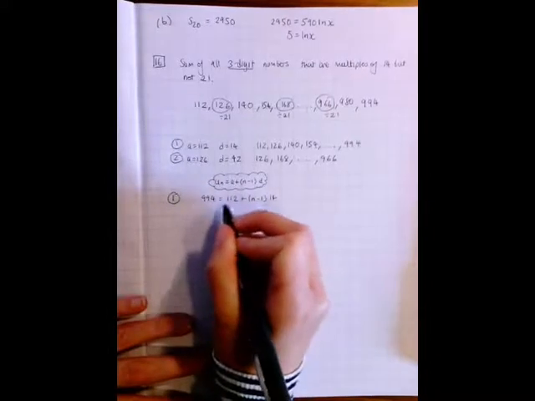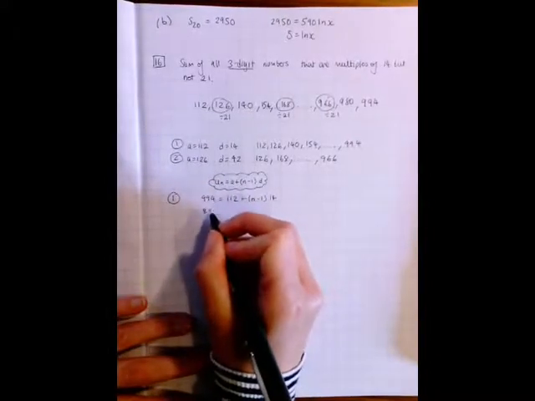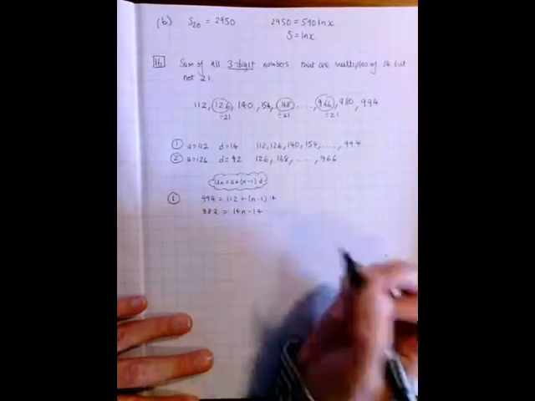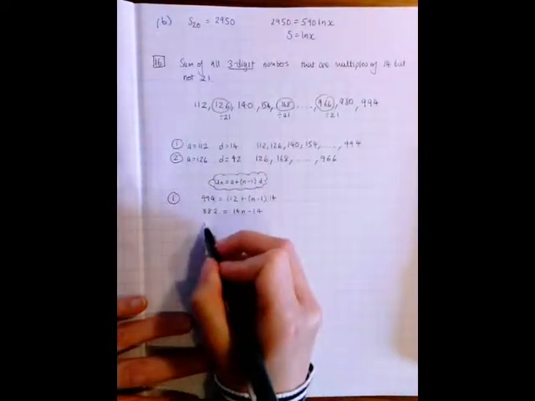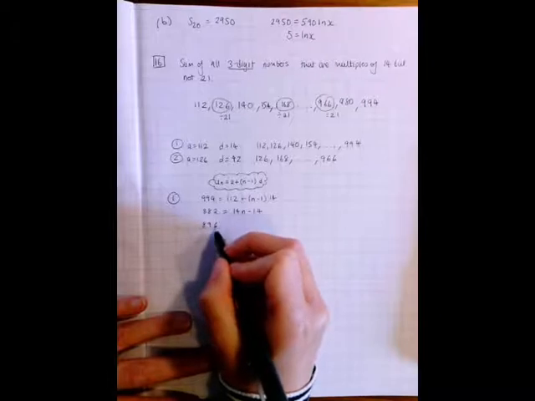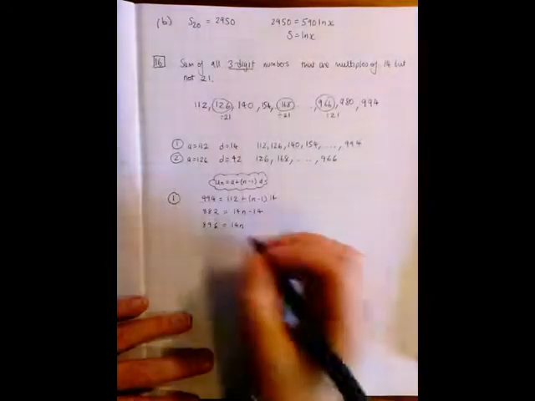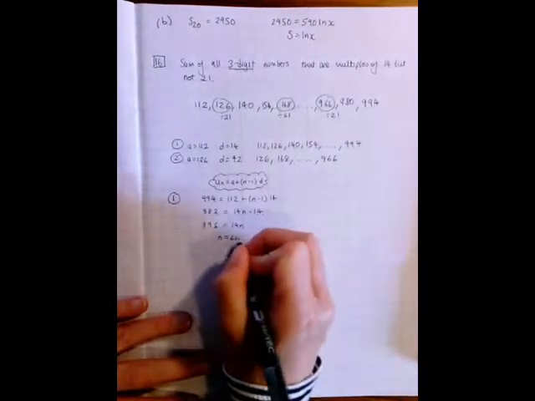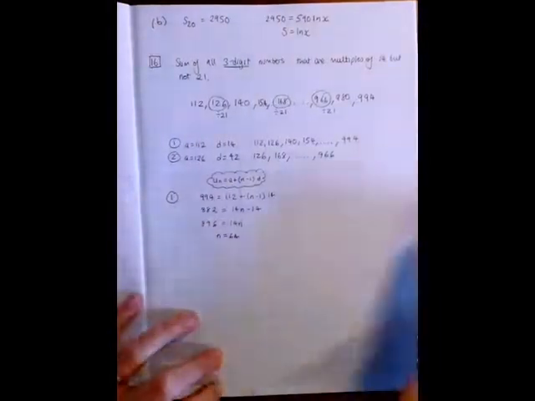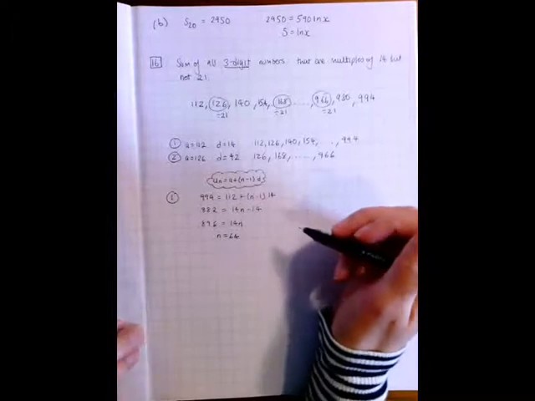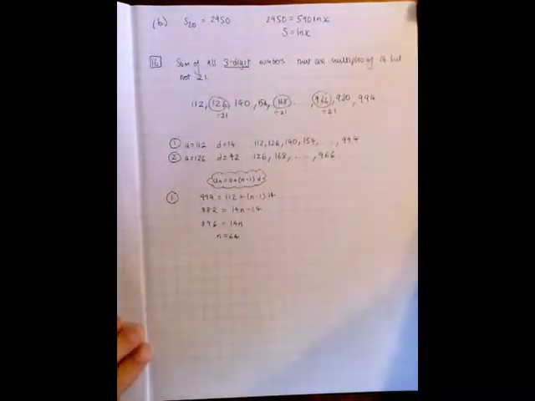So if I take away 112, 882, expand the bracket, add on 14, so 896. And get n is 64. Okay, and that means there's 64 terms in that sequence.